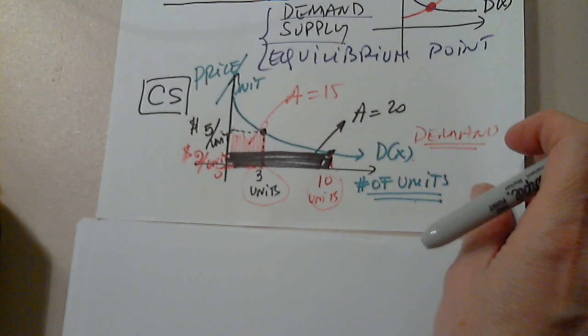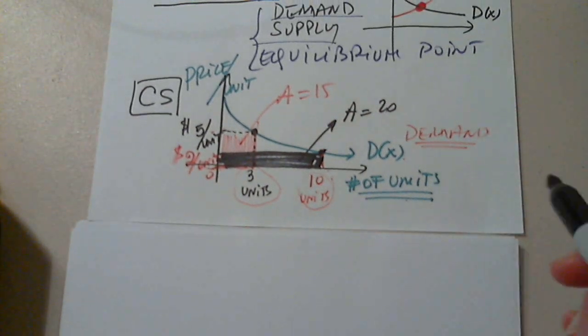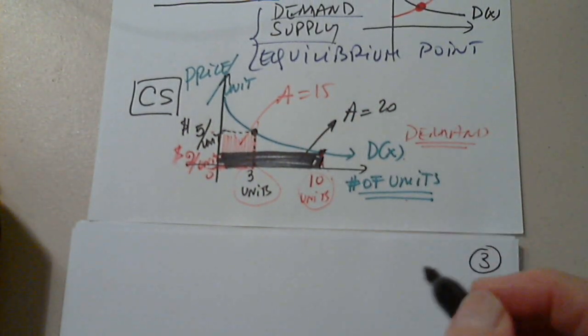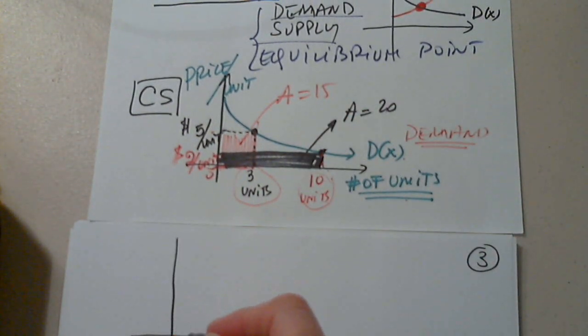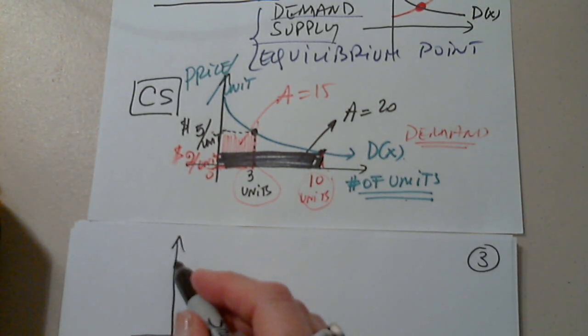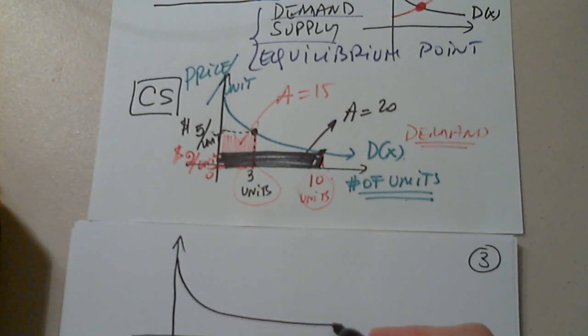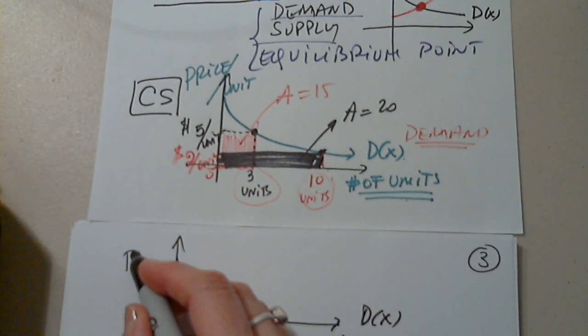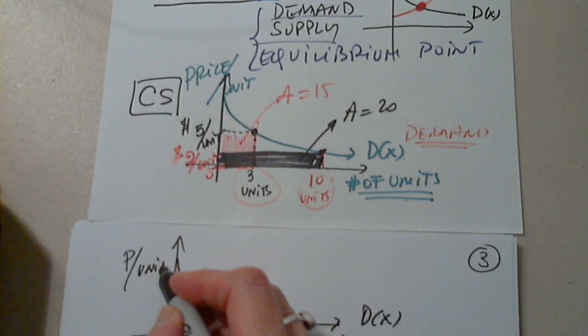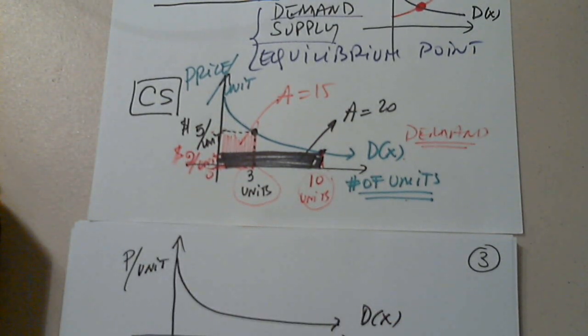But I'm going back and I'm going to graph it again. I don't want to put it in there. So this is the demand. Again, this is number of units, and this is price per unit. Again, I'm going to pick a point.